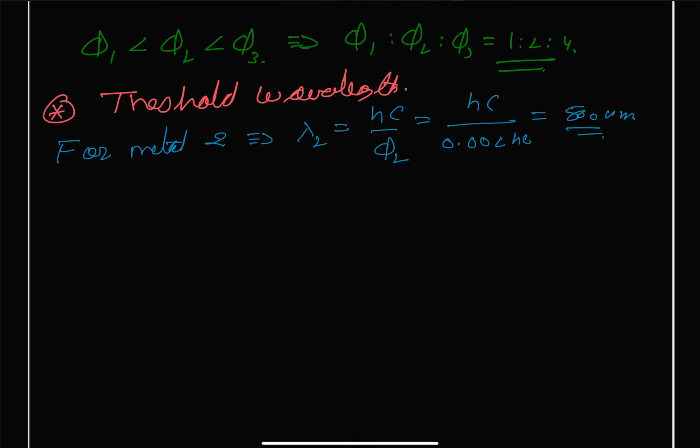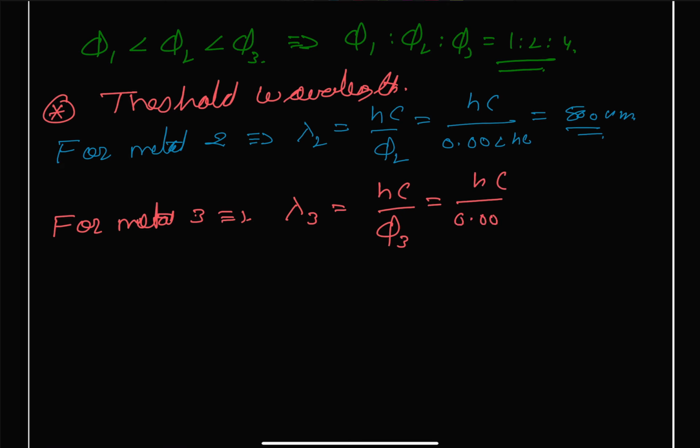And similarly for metal 3, lambda 3 is equal to hc upon phi 3, which gives us hc upon 0.004 times hc, and approximately this will be coming as 250 nanometer.